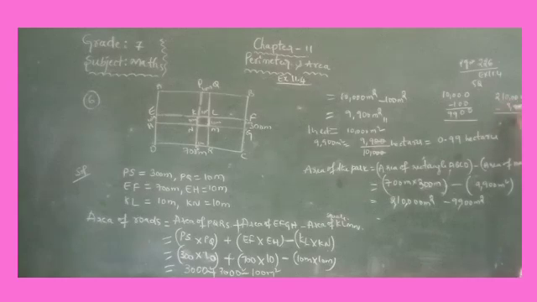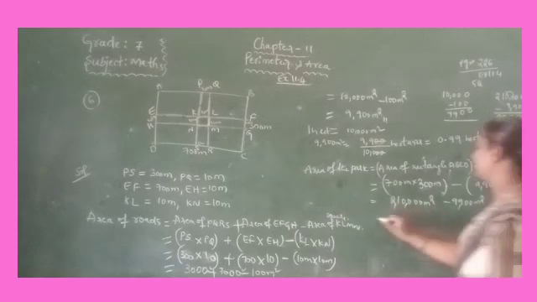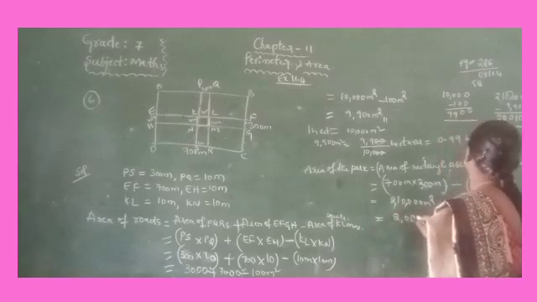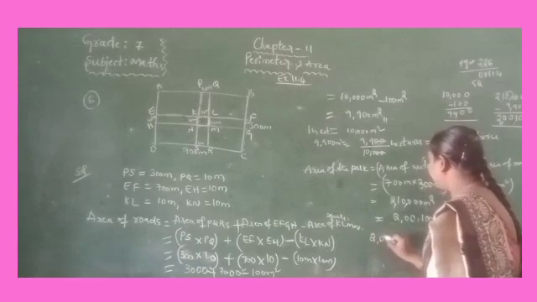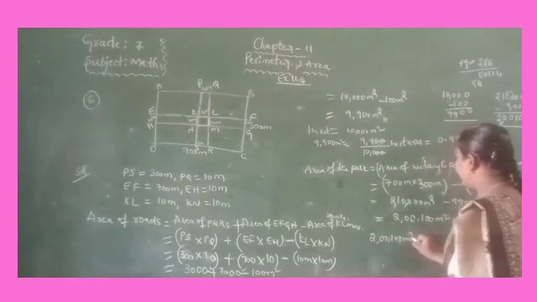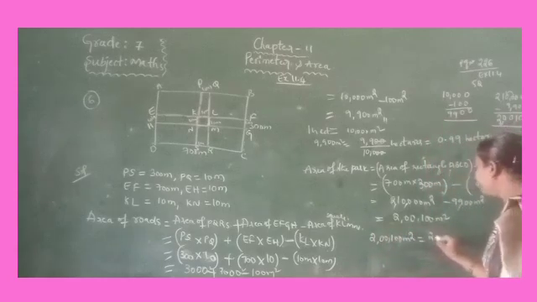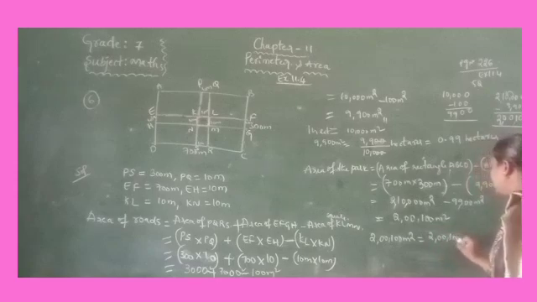Subtract. Take the borrow: 10 minus 9 is 1, 9 minus 9 is 0, again 0, then 2. Okay, children? So what did you get here? 200,100 meter square. We have to show this one in hectares. So 1 hectare is equal to 10,000 meter square.